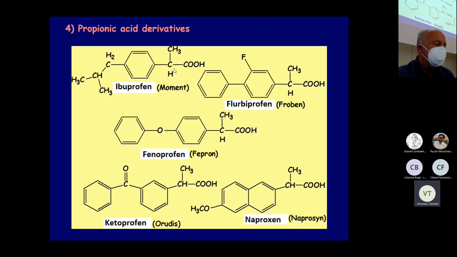If we look carefully at this type of molecules, we can see that there is a chiral center, a chiral carbon atom in each of these compounds. But they are sold as racemic mixture.